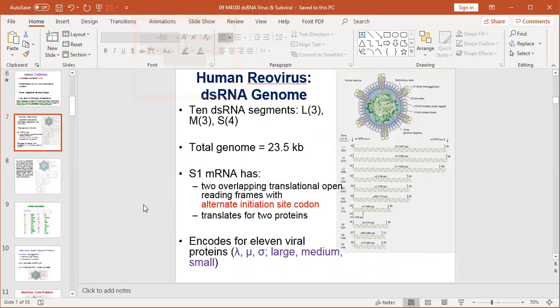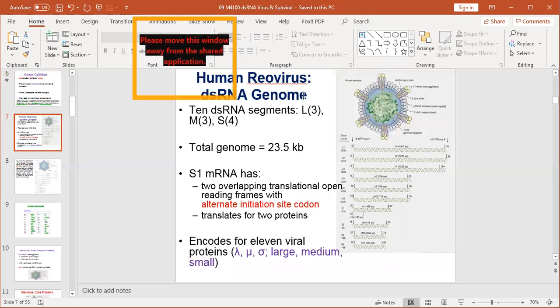Let's take a closer look at human reovirus. As we mentioned before, it has a double-stranded genome, double-stranded RNA, both positive and negative sense, and it's segmented, so it's multipartite.